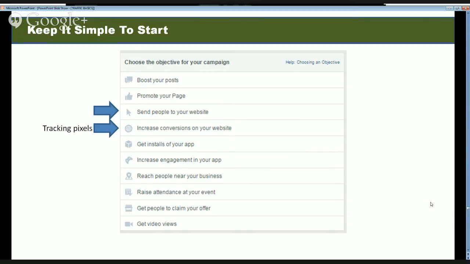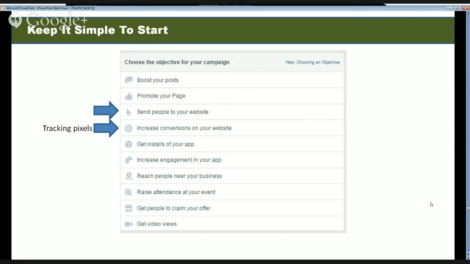Facebook can track all of that for you, but the way that you do it is through something called tracking pixels. What that means is that Facebook is going to give you a little bit of code that you have to add to your website. Obviously, that's more complicated than just sending somebody to your website. So what we recommend is to start with sending people to your website, see what kind of results you get, and if it works in your business model, you don't have to do anything more.